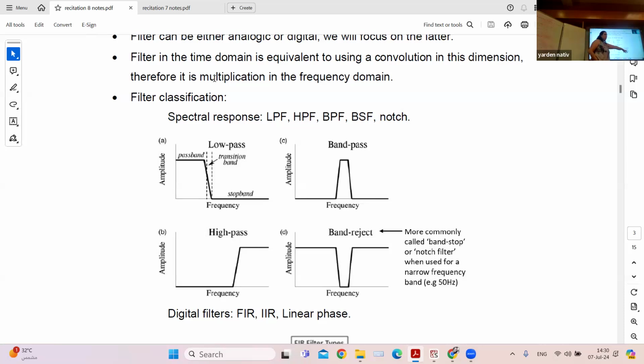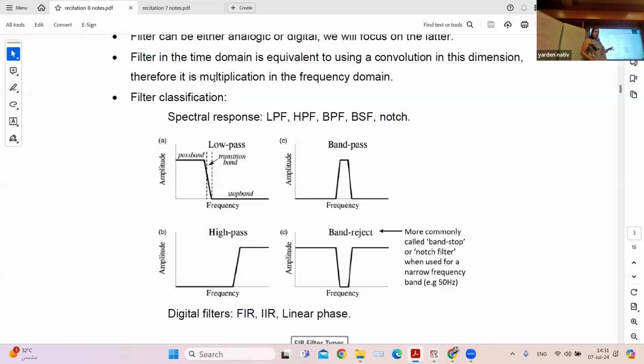Sometimes it is called band stop, and another way is notch filter. A notch filter is when you want to erase a specific frequency, only one. It's like a delta function filter. Okay? So this is about it.